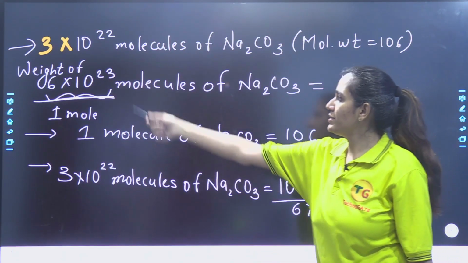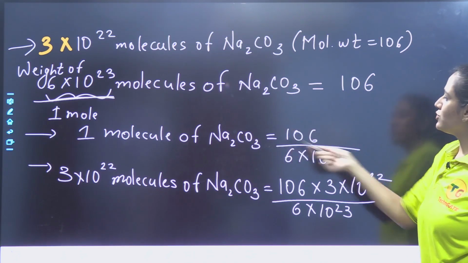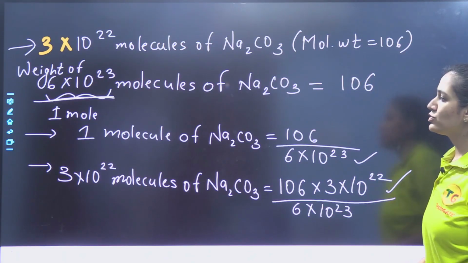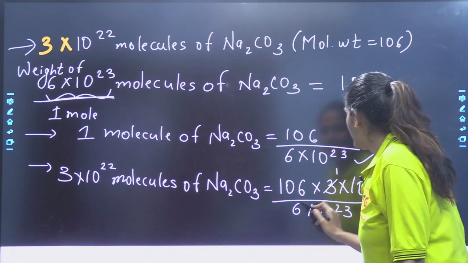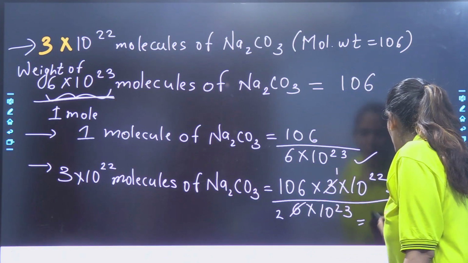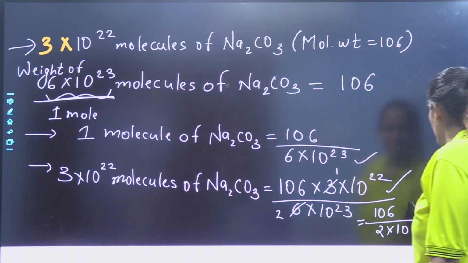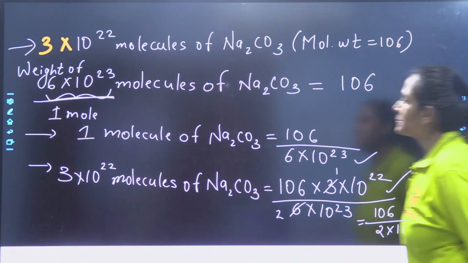So 1 molecule goes in the denominator, and 3 into 10 raised to power 22 molecules of sodium carbonate have weight 106 by 20. This is the mass of 3 into 10 raised to power 22 molecules.